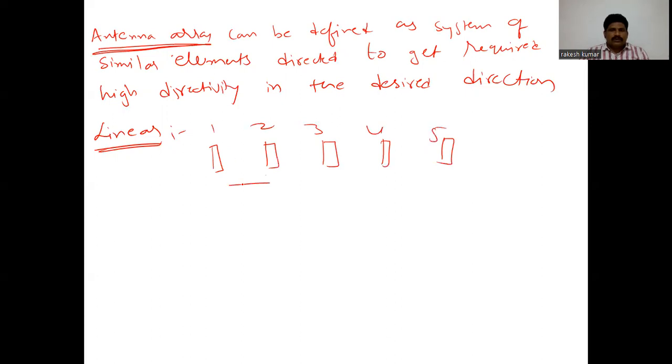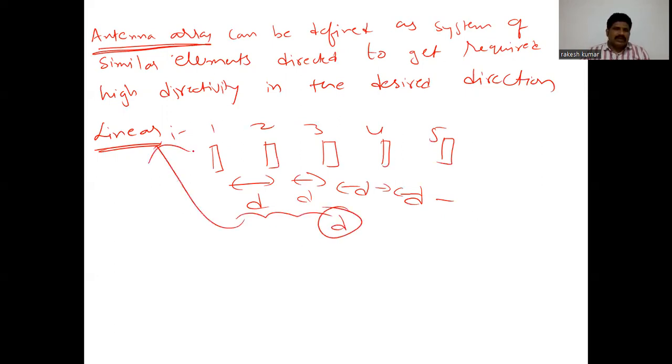If all antennas are separated equally by a distance d, then such an antenna array is called a linear array. So the definition of a linear array antenna is: an antenna array is said to be linear if all the elements are equally spaced along a straight line.